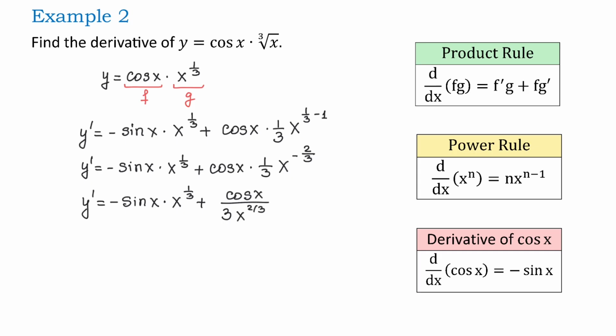And now we can also write each of these expressions in radical form. Then we will have y prime equals negative sine of x times cube root of x plus cosine of x over 3 times cube root of x squared.